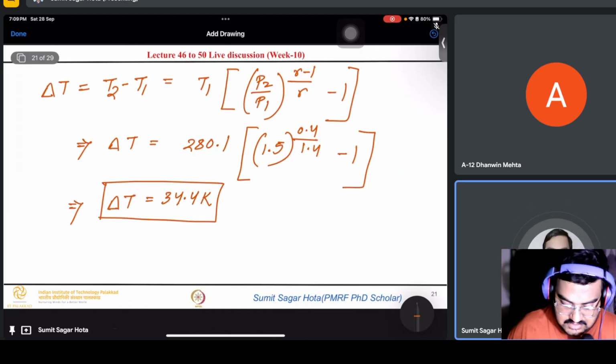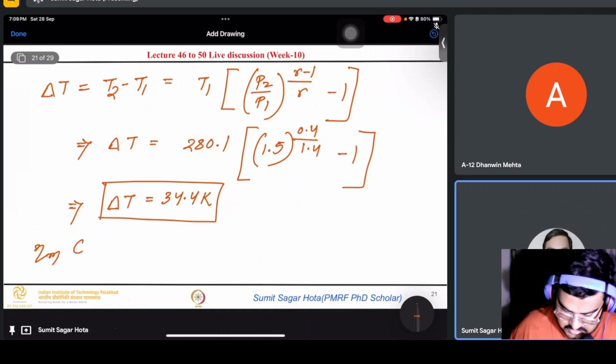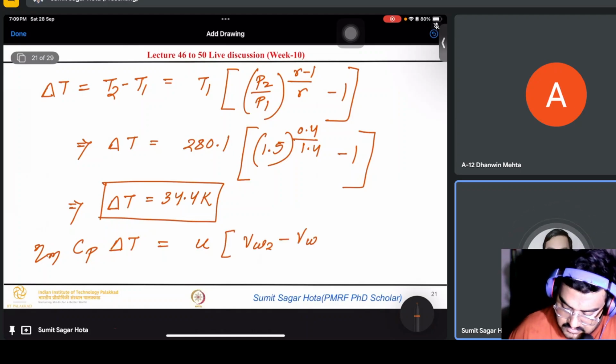So the next will be, why I am finding this delta T, now you will know. It's very simple. Eta m Cp delta T is equal to U into Vw2 minus Vw1.